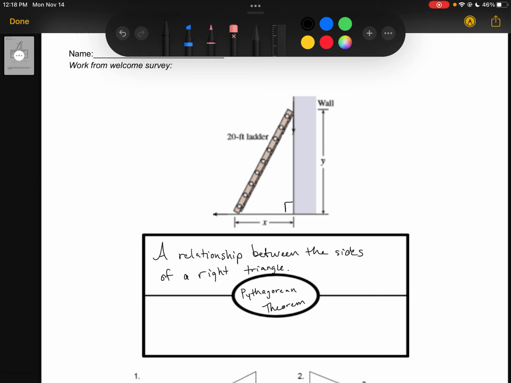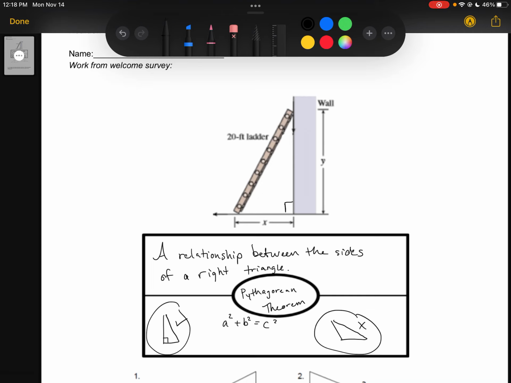In this example above, the wall works because, again, there's a nice right angle there. But if we see something like an obtuse triangle, something that just doesn't perfectly fit, this is not an example of something that we're allowed to use the Pythagorean theorem on. So the Pythagorean theorem is a squared plus b squared equals c squared.